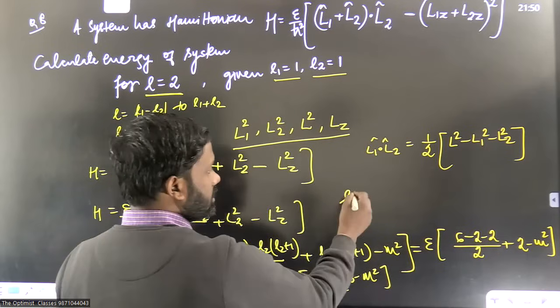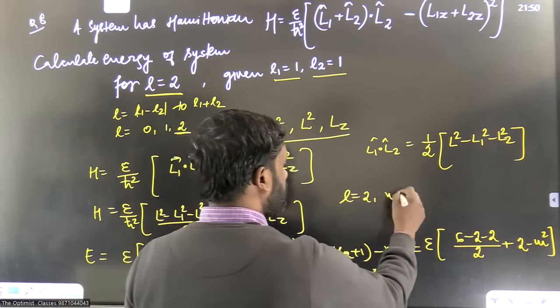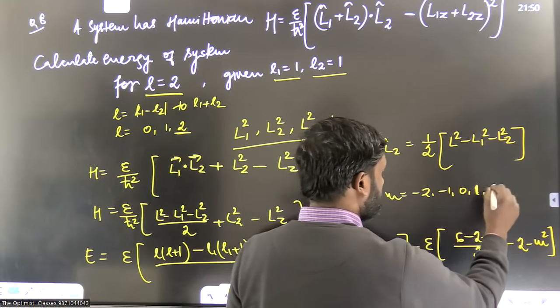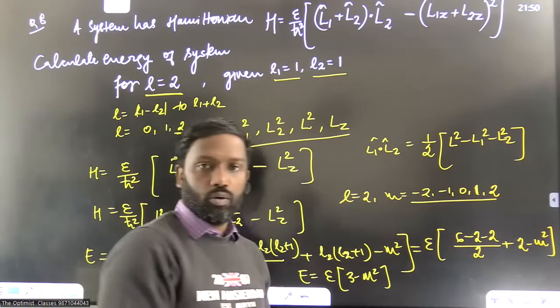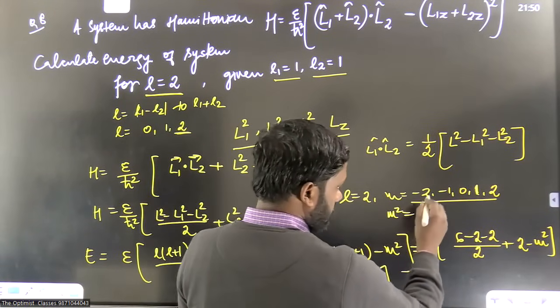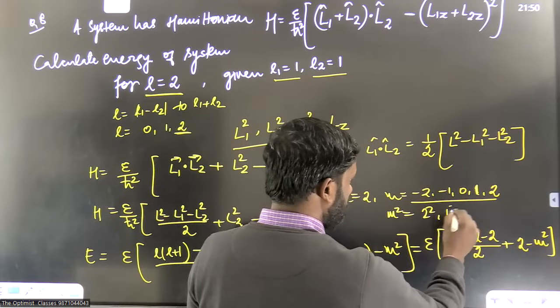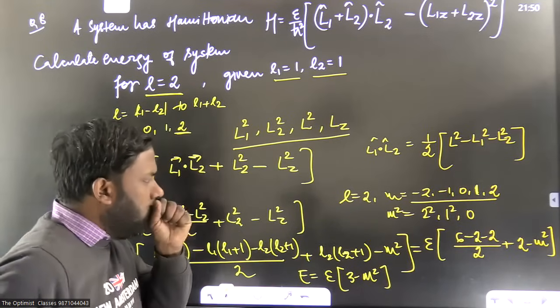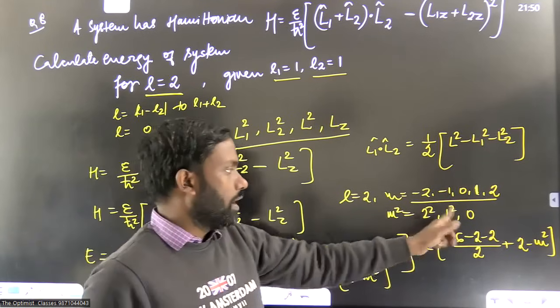Now, since L is equal to 2, M is equal to minus 2, minus 1, 0, 1, and 2. These are the allowed M values. So if you calculate M square, you are going to get 2 square, 1 square, and 0. So basically you are going to get M square as 4, 1, and 0 only.